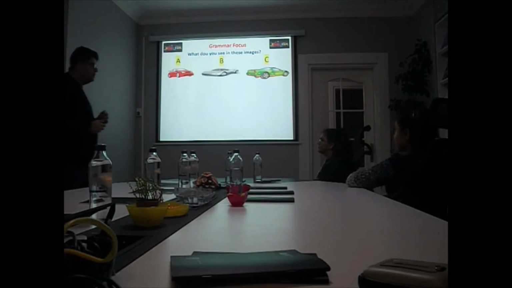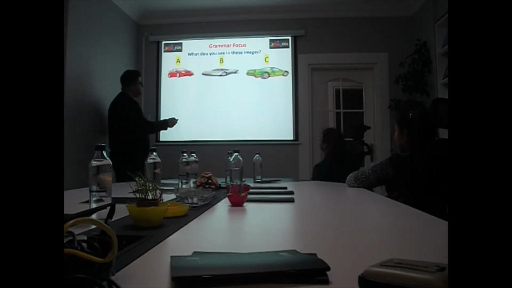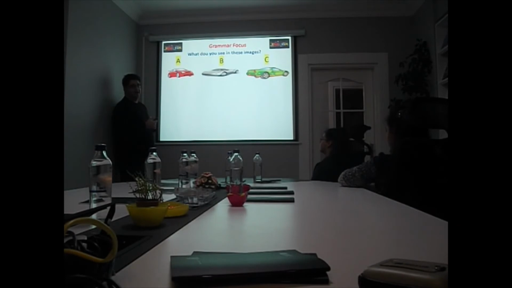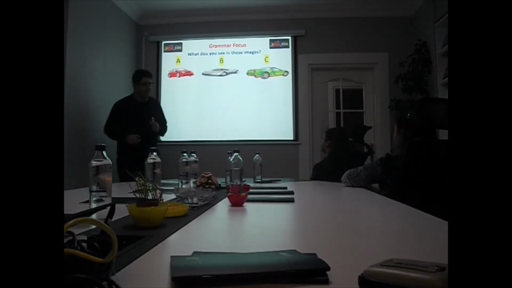Big, small. For example, car C is bigger than car B. Car B is bigger than car A. But as much as I can see, car C is the biggest car of all 3.